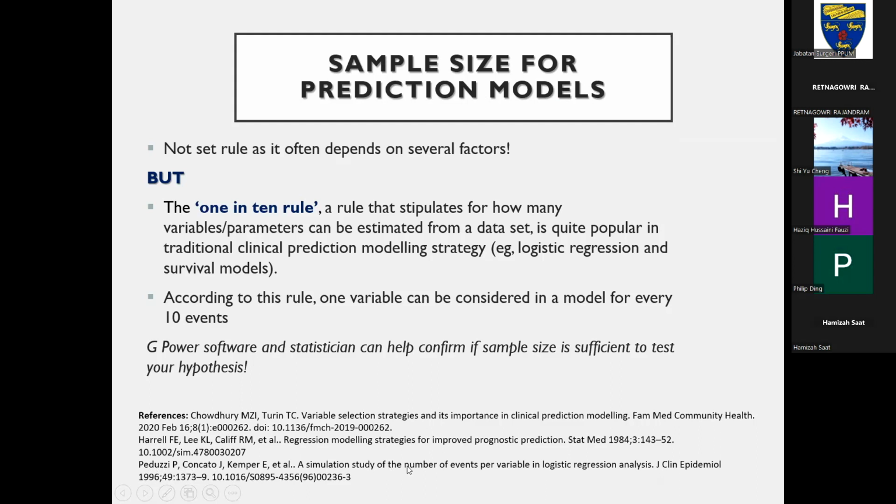It's already shown, based on their maths, that you need at least a minimum of 10 per factor or per variable you're looking at. Okay, you can't use this though if you are doing an observational study. This is for when you're doing a retrospective or a prospective study, collecting factors, and you're trying to do some sort of regression model at the end. Okay.